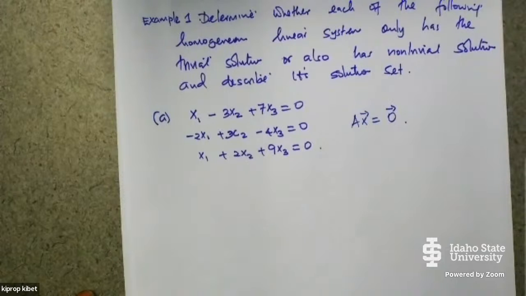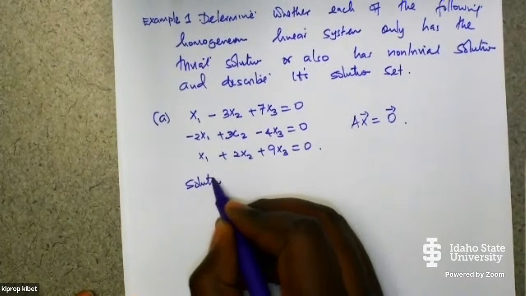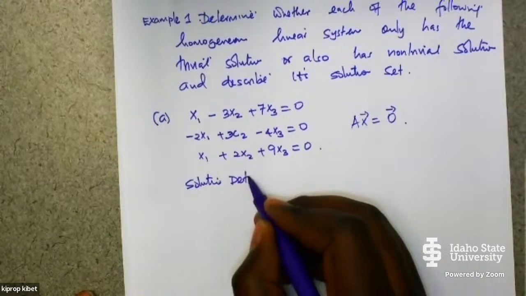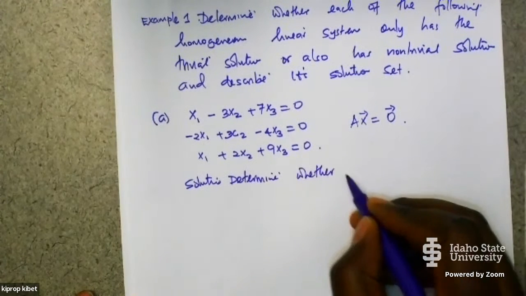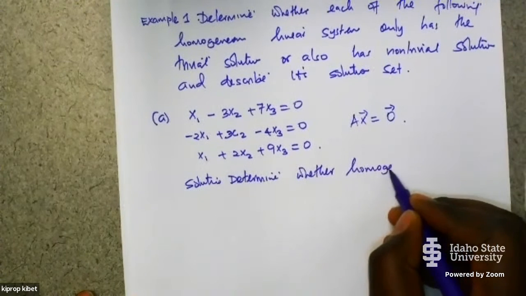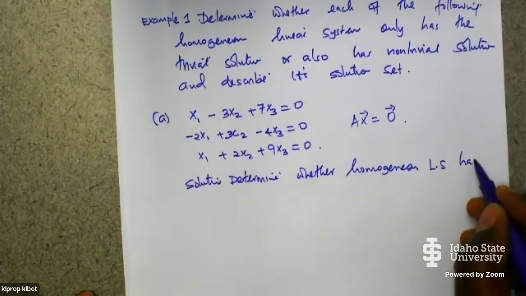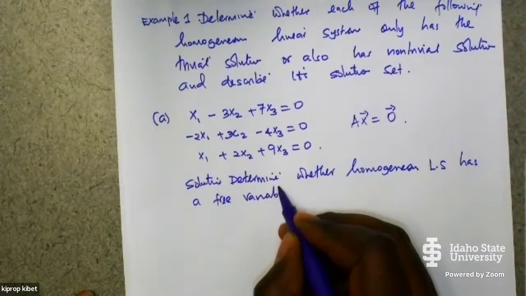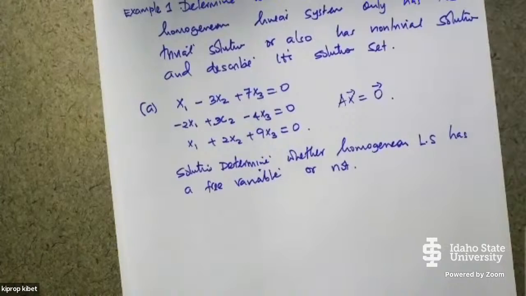So let's write the augmented matrix. What we are trying to do is determine whether the homogeneous linear system has a free variable or not.